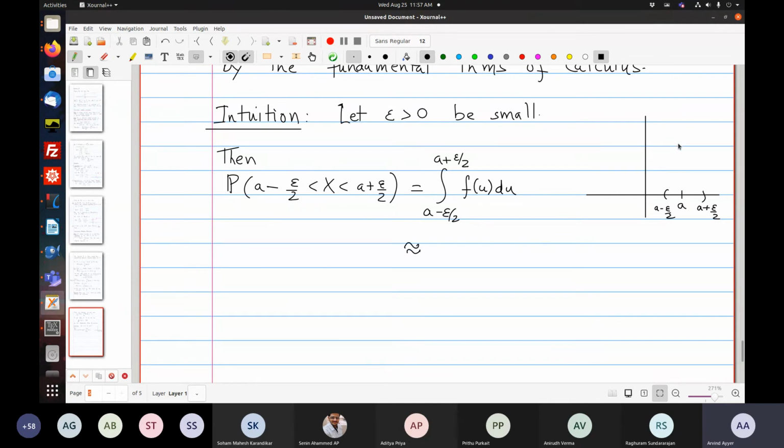And since epsilon is small, this is roughly, so you have some function, so I'm plotting f. Let's say it goes like that, weakly increasing. Remember, this is f of a, and I have these two points. I'm terrible at this.